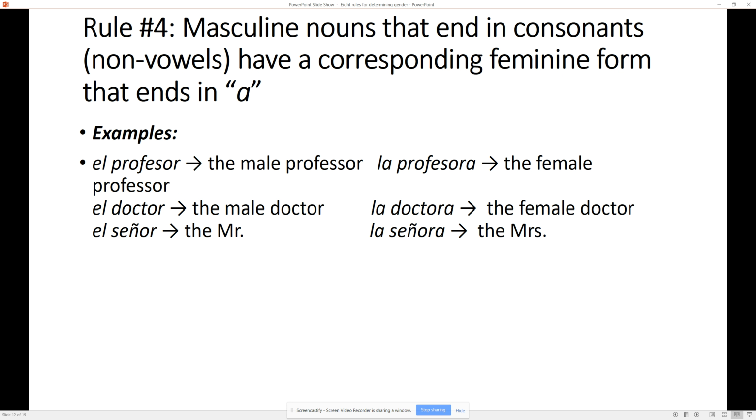Now, rule four, there are some words that end in a consonant, such as el profesor or el doctor. And to make it feminine, we're going to change the article to the feminine, and then we're going to tag on an A. So el profesor is the male professor, but la profesora is going to be the female professor. El doctor or la doctora.